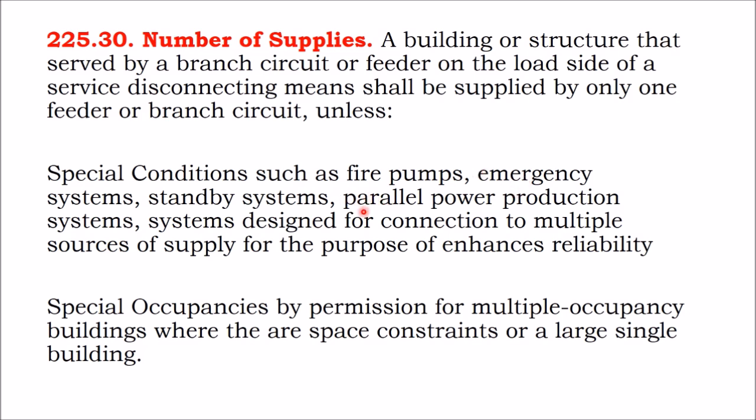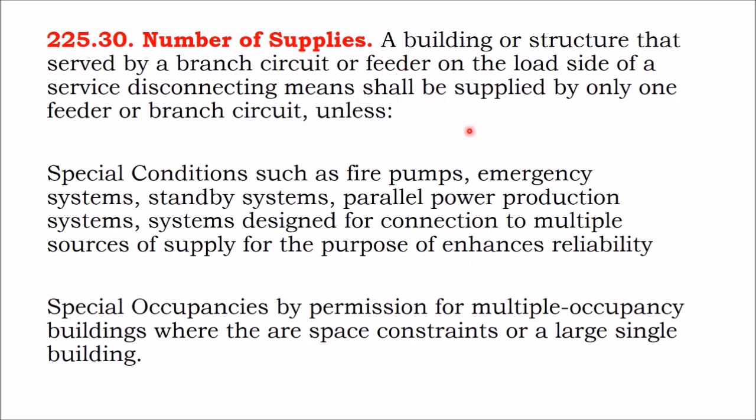Systems designed for connection to multiple sources of supply like batteries or generators. And then special occupancies by permission for multiple occupancy buildings where there are space restraints. So like if you have 50 people living in a tiny building, they may allow you to have more handles than this.